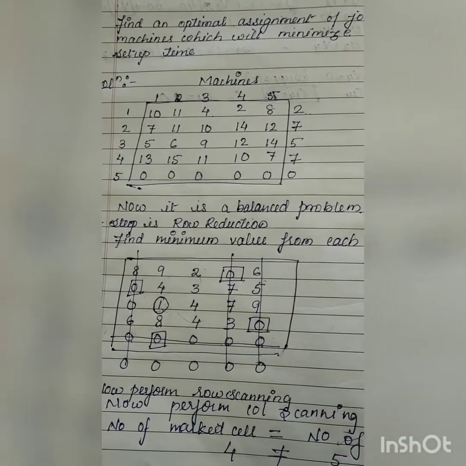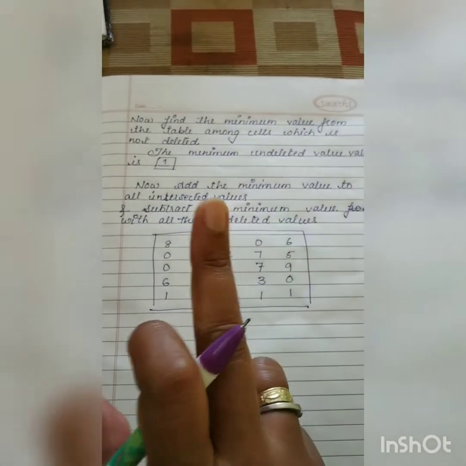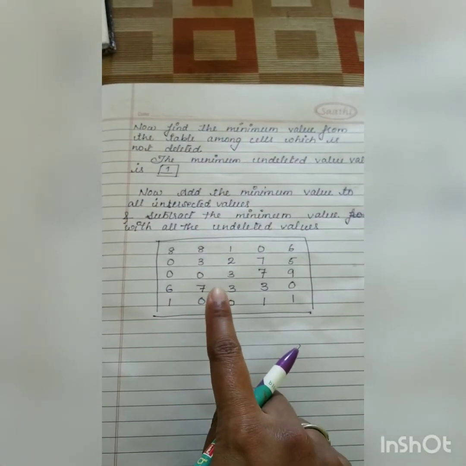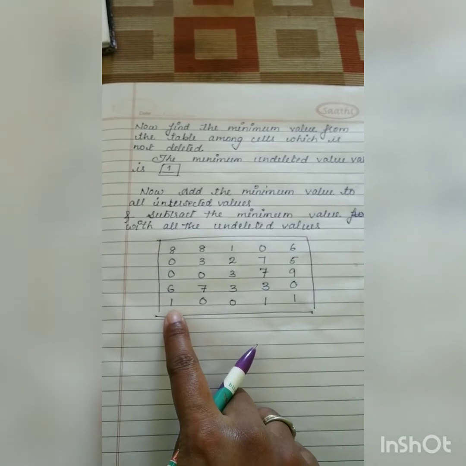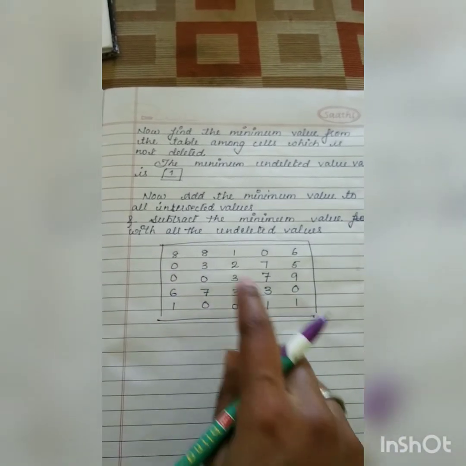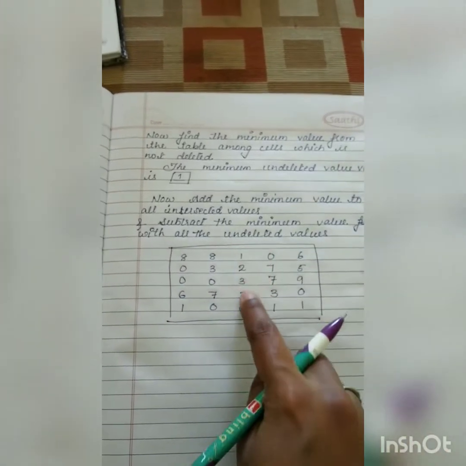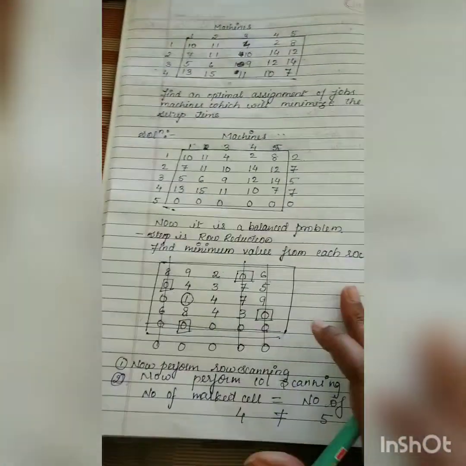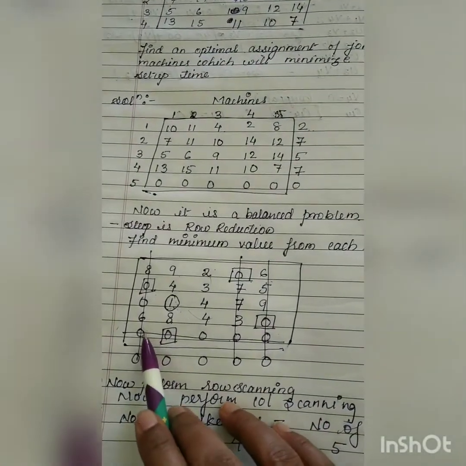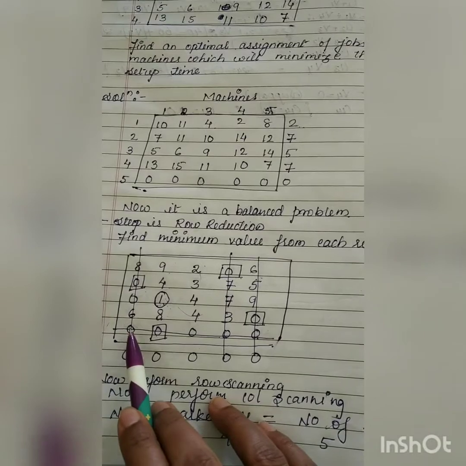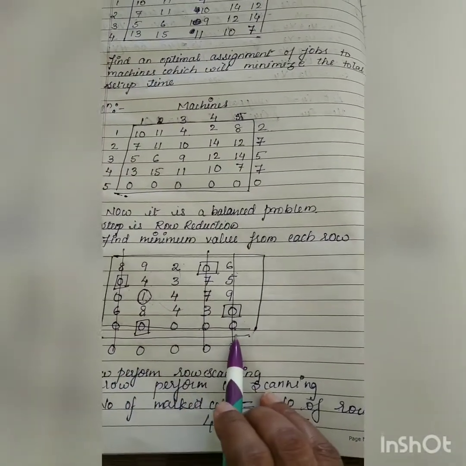So the new table will be, this is what my resultant table is after adding the minimum value to the intersected values and subtracting it from the undeleted values. I hope you remember what I told. So these are my intersection values 1, 2 and 3.